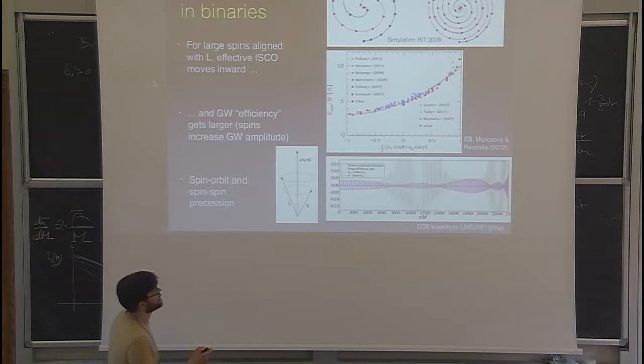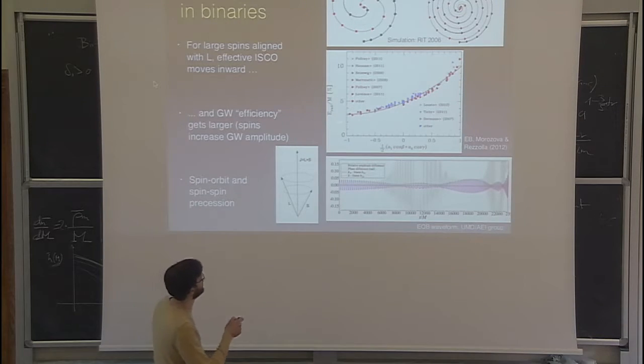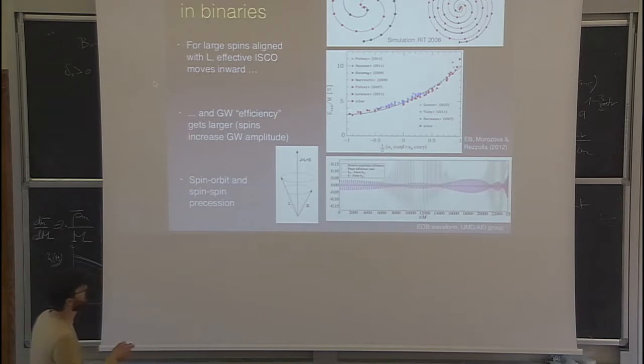Whereas in the case in which the spins are large and aligned with the orbital angular momentum, the plunge takes place very late because the ISCO of the system lies at very small radii. This again has an effect on the gravitational wave emission efficiency, so how much energy is emitted, or what fraction of the total mass of the system is released in gravitational waves.